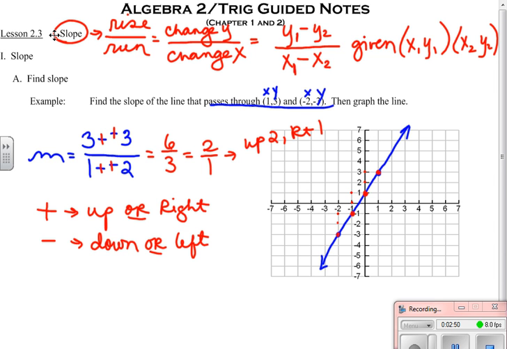A little trick for graphing is I can also think about this as negative 2 over negative 1, because the 2 negatives are going to cancel. So I could really go down 2, left 1, and I will stay on my line. If your points are really high and you need to move to the left to find the next point, that's a nice little trick.